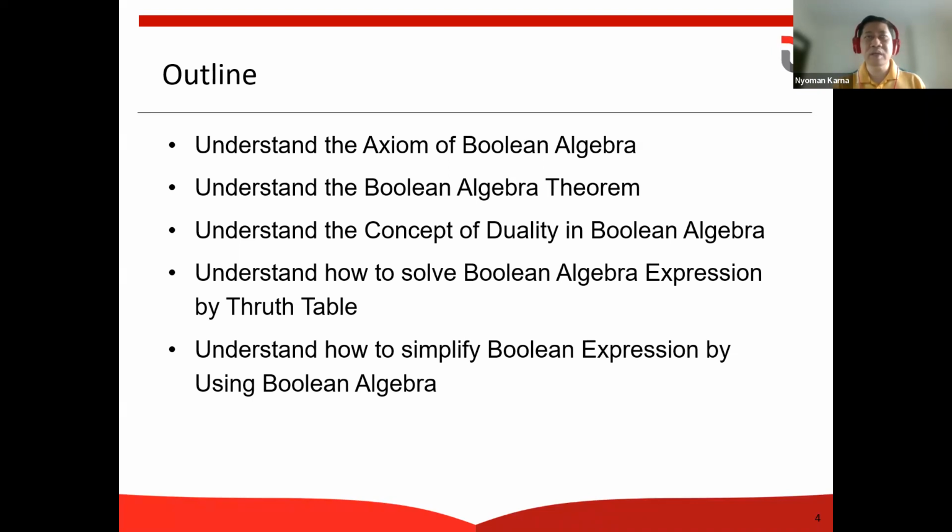Minus b plus minus square root of b squared minus 4 times a times c, then divided by 2a. It's a function to find the roots of a quadratic equation. So in the ABC function we have 3 inputs, which are A, B, and C, but the output can only be one. That's actually what is called a Boolean algebra expression.